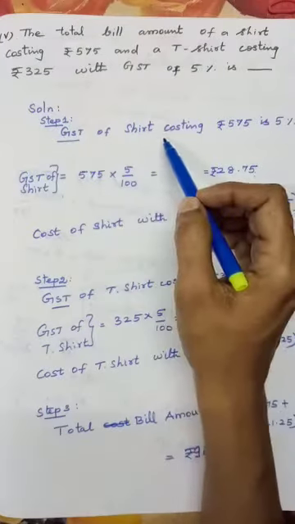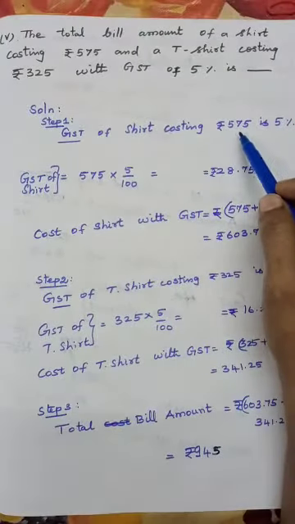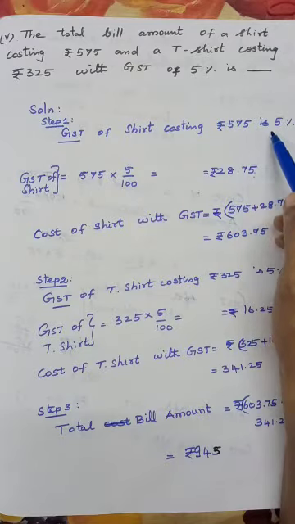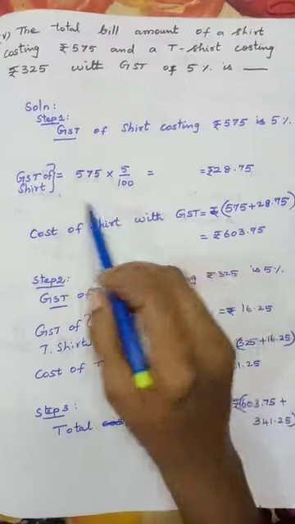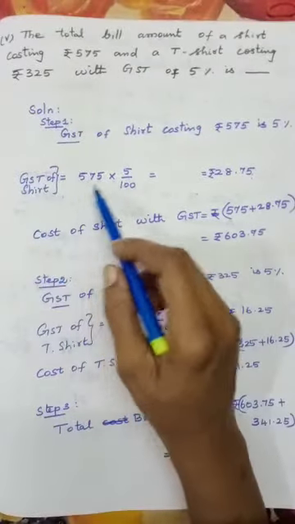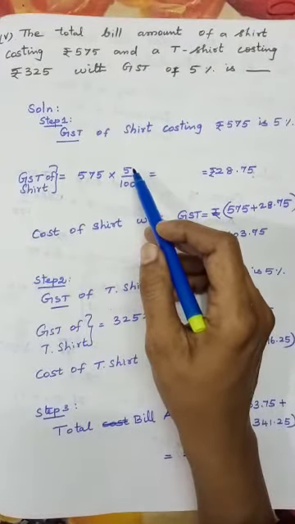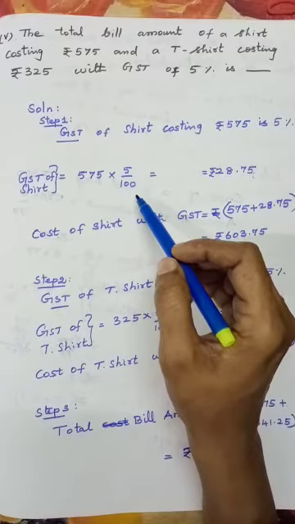GST of shirt costing rupees 575 is 5%. Then GST of shirt is equal to 575 into 5 by 100.